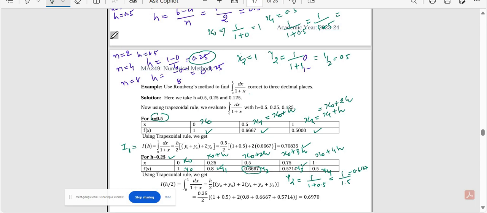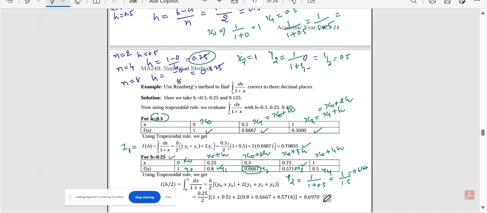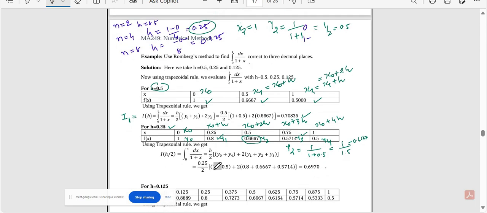Sir, those are correct, but the final answer of I2 I am getting is 677025. Check again with h equal to 0.25. Yes, sir, I have checked twice. What is the answer? 0.677025. Anybody else who gets this answer?